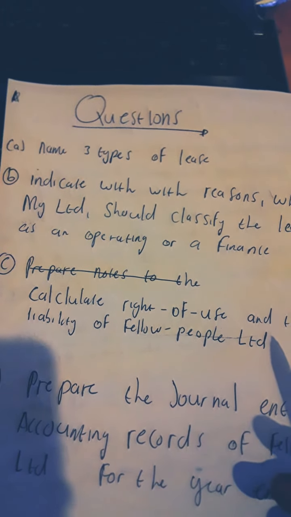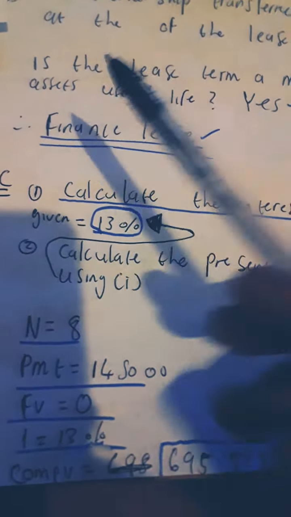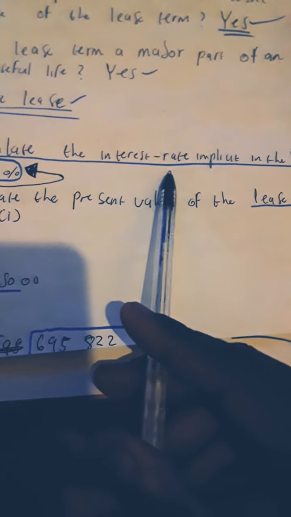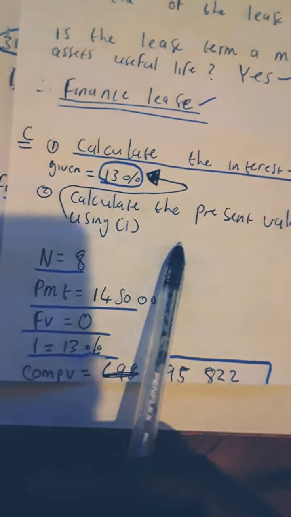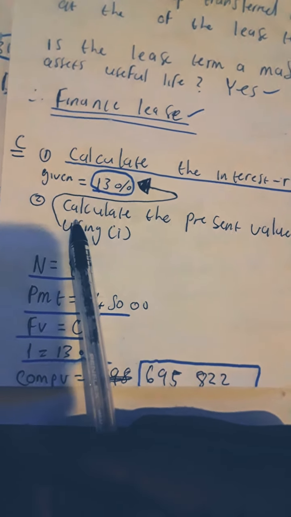If the question demands you to give a right of use, this is where we start. This is your first step, very easy steps: calculate the interest rate implicit in the lease. Fortunately, in our case, it has been given as 13%.